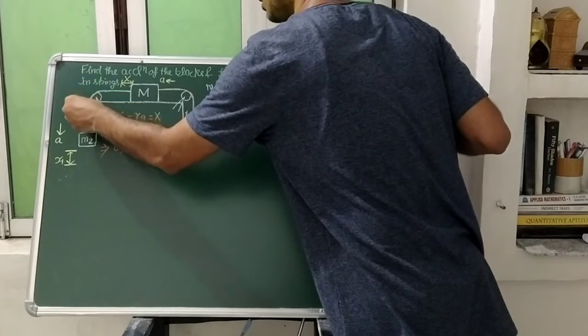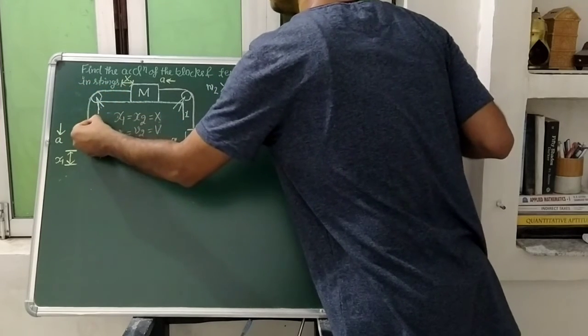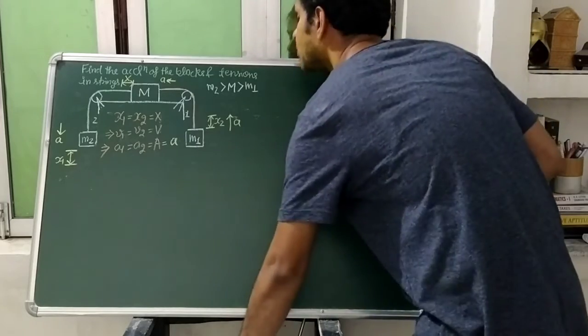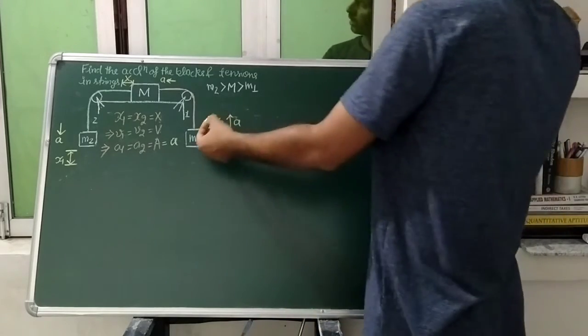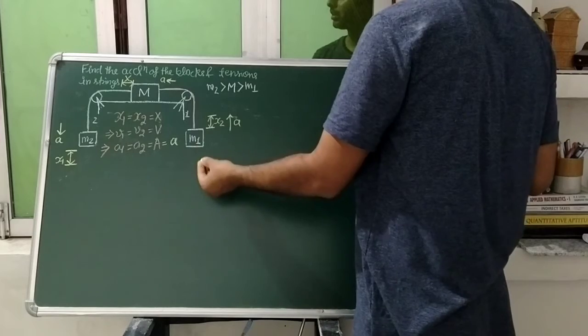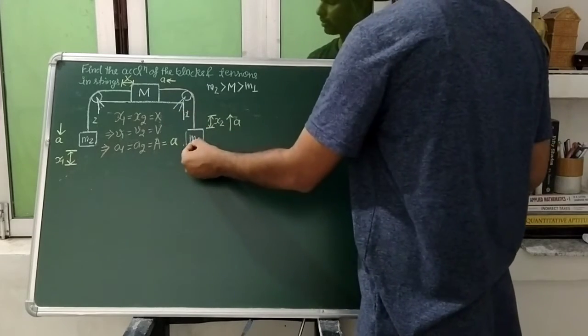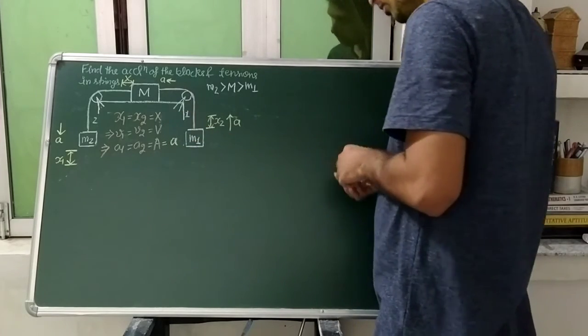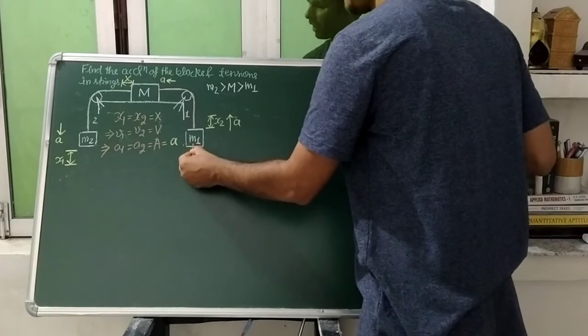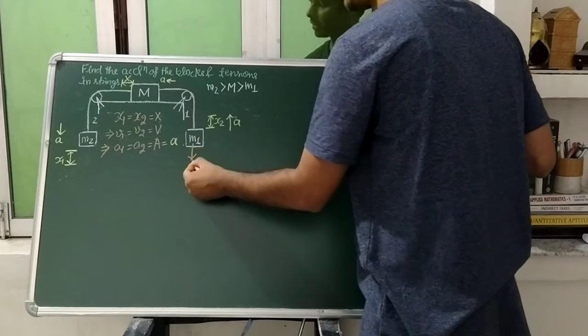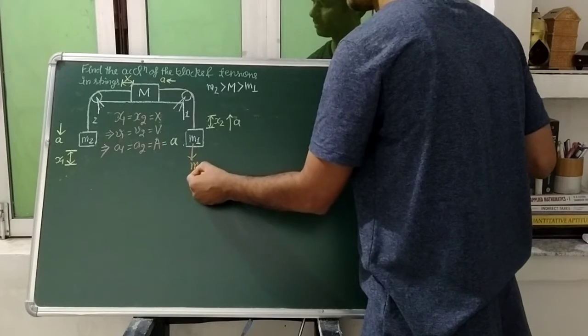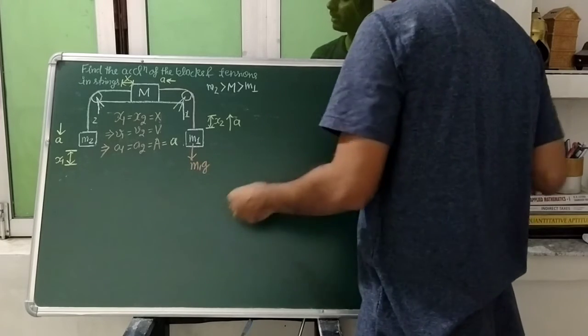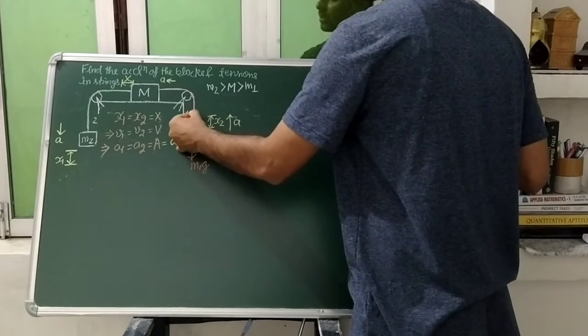We can name that as string 2. So students, if M1 is here, of course the force due to gravity is going to act in the downward side, M1g, isn't it? And tension will be upward.